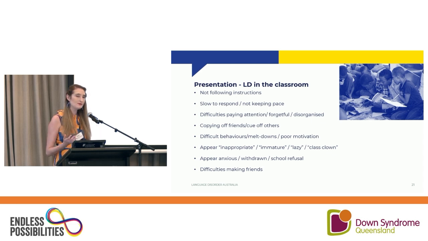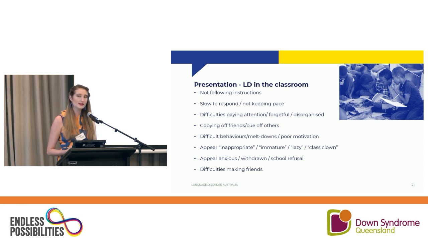And of course, like we said before, when it comes to that friendship circle, so those social skills, it's going to be hard making friends and also keeping friends. So you may see that these students may look a little bit lonely, or maybe it's the type of student that is having a lot of conflict with their peers. Now, as language is in everything we do, like we discussed before, implications with language disorder without intervention can also lead to social, academic, and emotional difficulties, and later, of course, to employment difficulties.